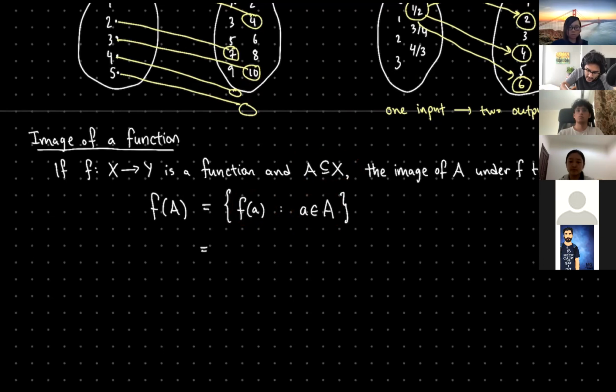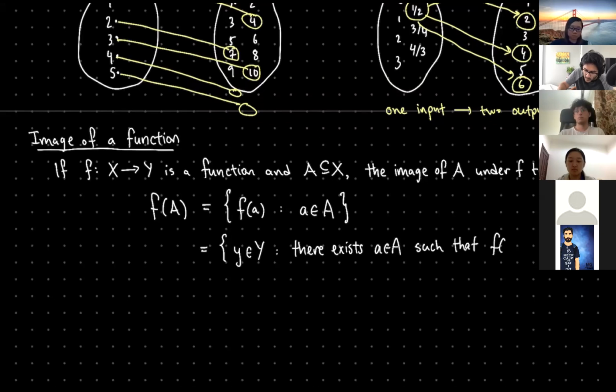Another way to say it is it's the set of all possible outputs y such that there exists an element a in capital A such that f of a equals y.